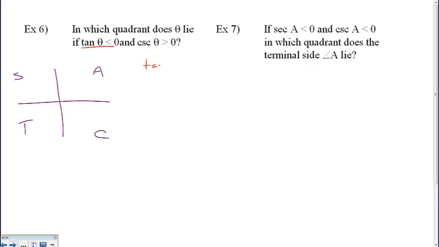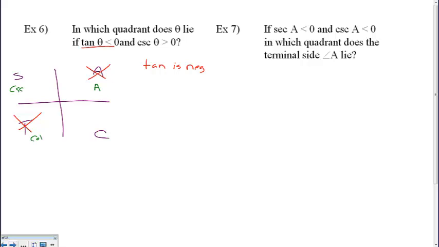We know that the tangent of theta is less than 0. Well, this tells us that tangent of theta must be negative. I know that tangent of theta is positive in 3 and positive in 1, so it cannot lie in quadrant 1 or 3. Next, I'm going to label my quadrants where the reciprocal functions are positive.